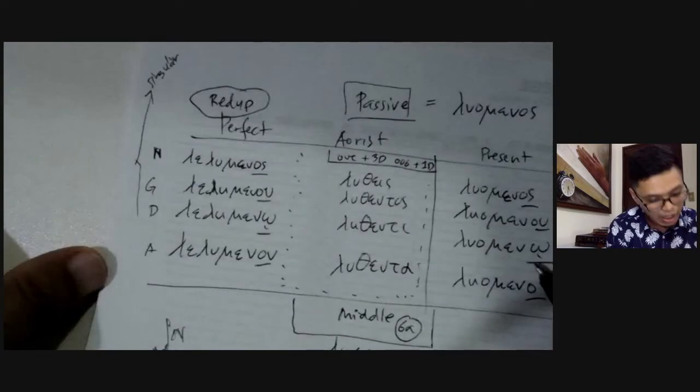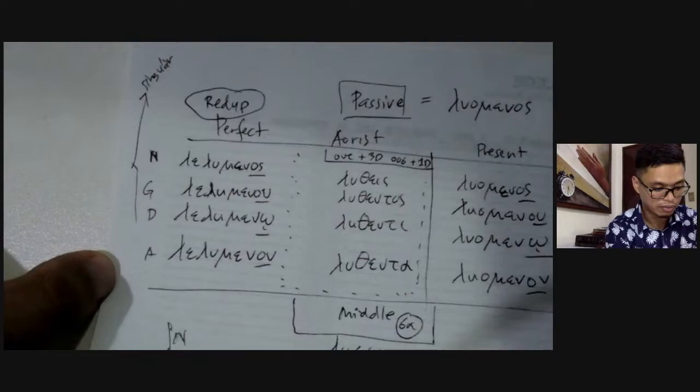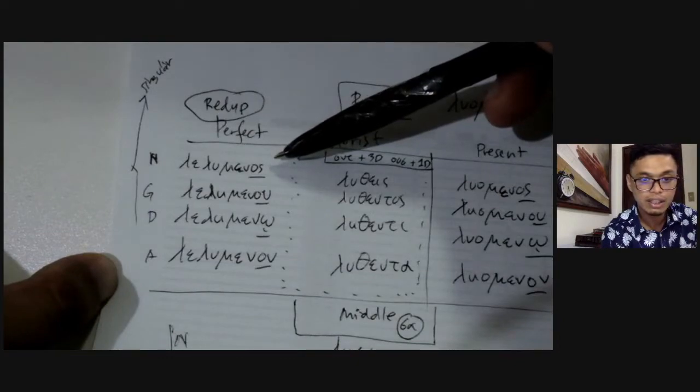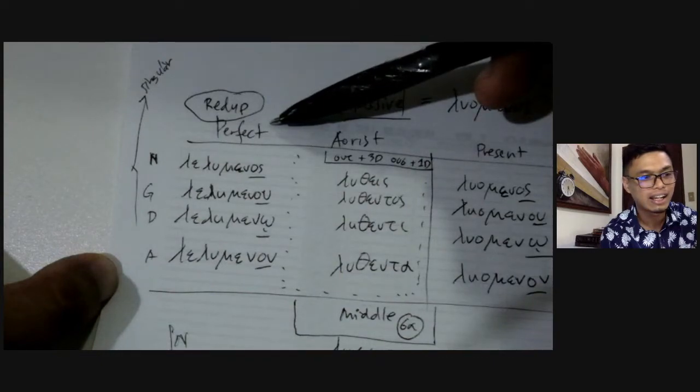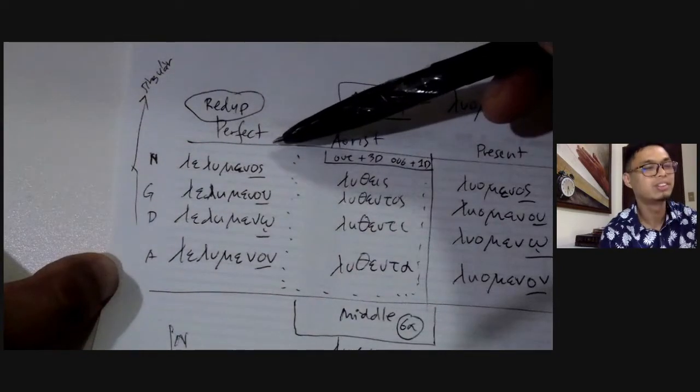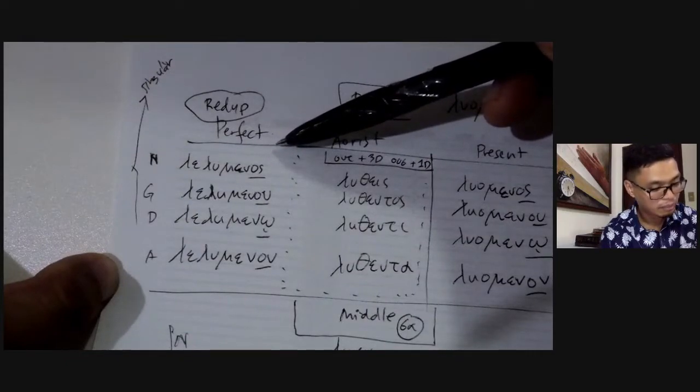All right, we'll do ours last. Let's go to perfect first. Here on the side, you have perfect. Okay, so there on the very left, you have perfect. And then what do you see? Reduplication again. So the perfect, as long as there's reduplication, you know it's already perfect.